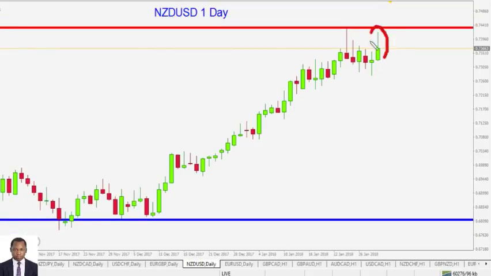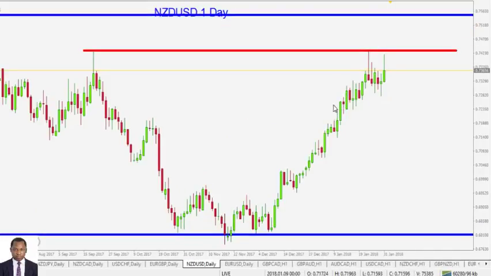You can see that price pushed up to that area of resistance but was driven back down by the bears. So for the New Zealand dollar against the American dollar, be careful clicking on your buy button here. You actually want to be searching for short opportunities right now.